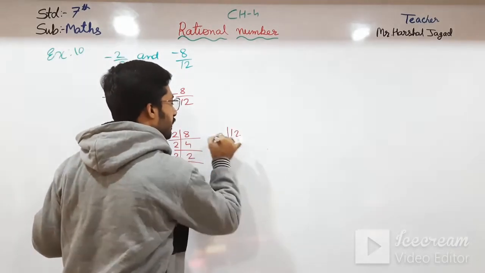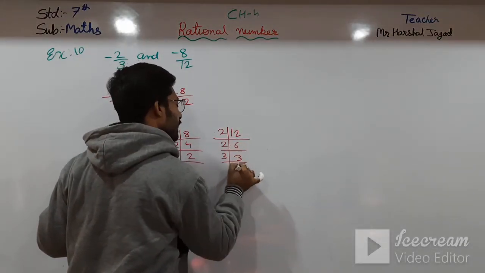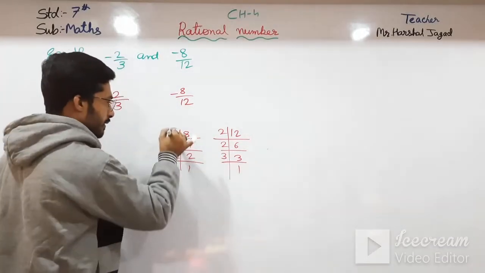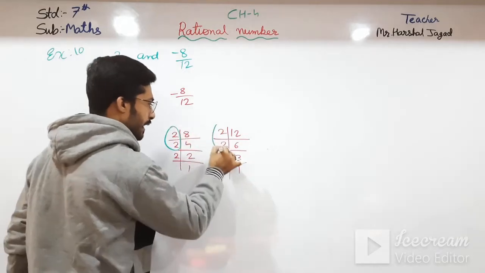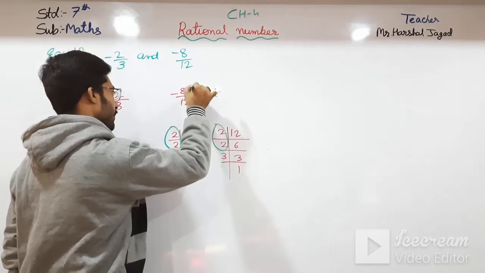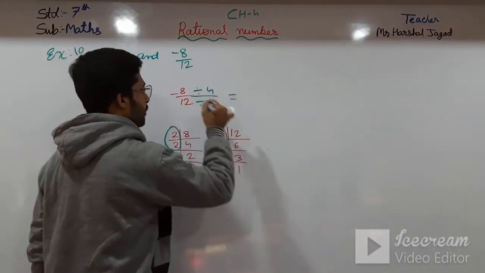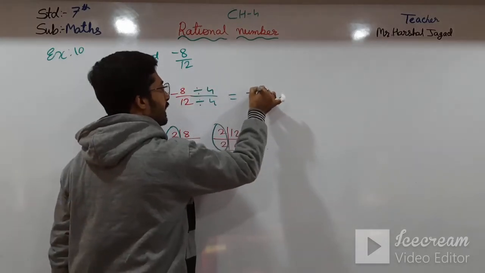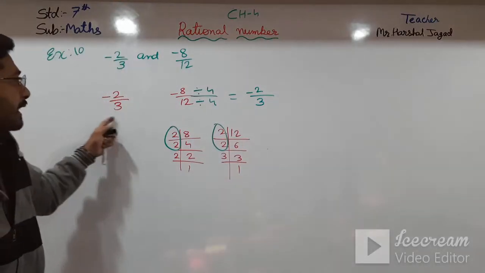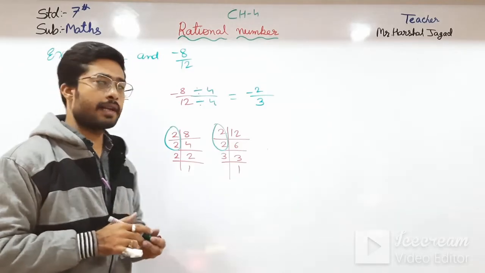For 12, 2 sixes, 2 threes, 3 ones. So the common factors are 2 and 2, and 2 twos are 4. We divide by 4: 4 twos are 8, so minus 2, and 4 threes are 12. You can see we get the same answer over here. So these are equivalent fractions.